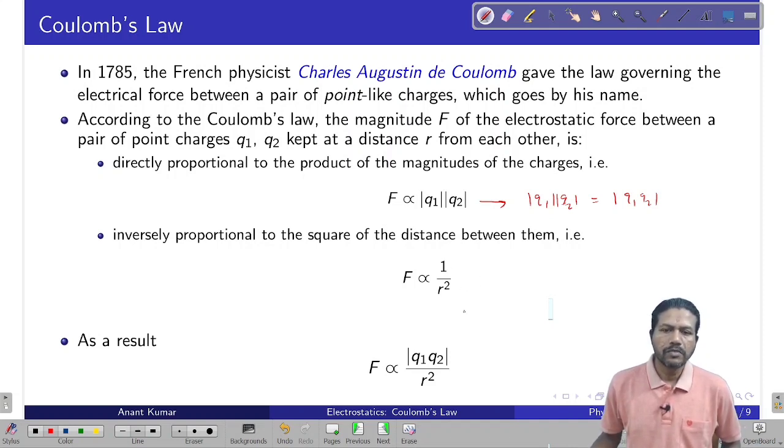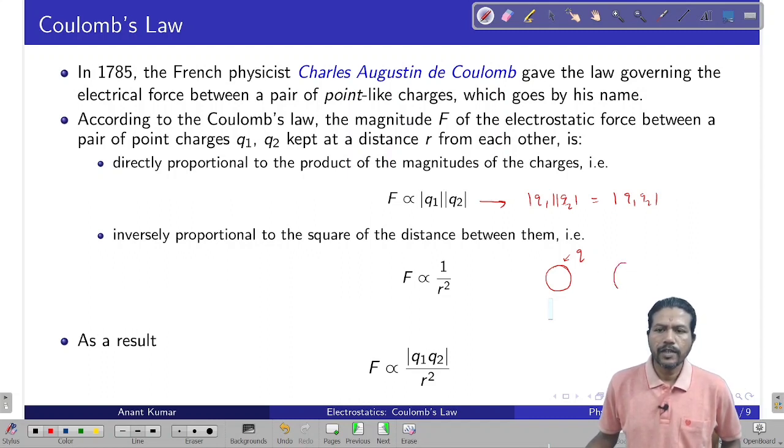Now, to find out that the force depends on the product of the charges, he still didn't know the magnitude of the charges. So he used the fact that when we have a metallic conductor with some charge Q, we shall later see that when we charge a metallic conductor, the charge stays on the surface.